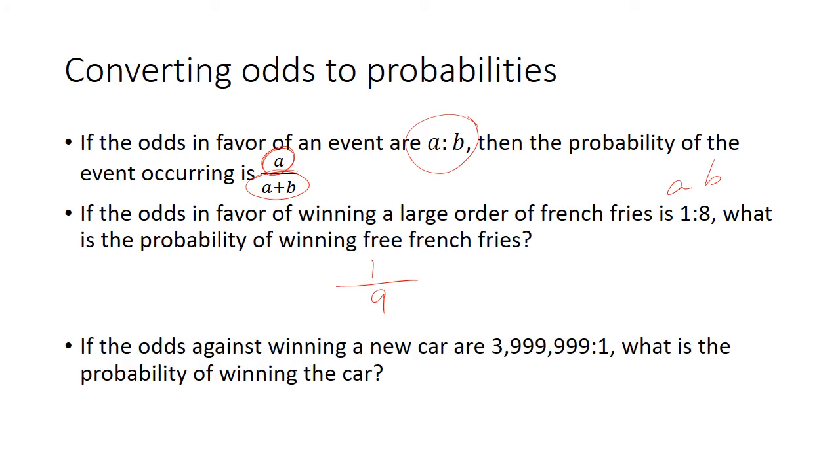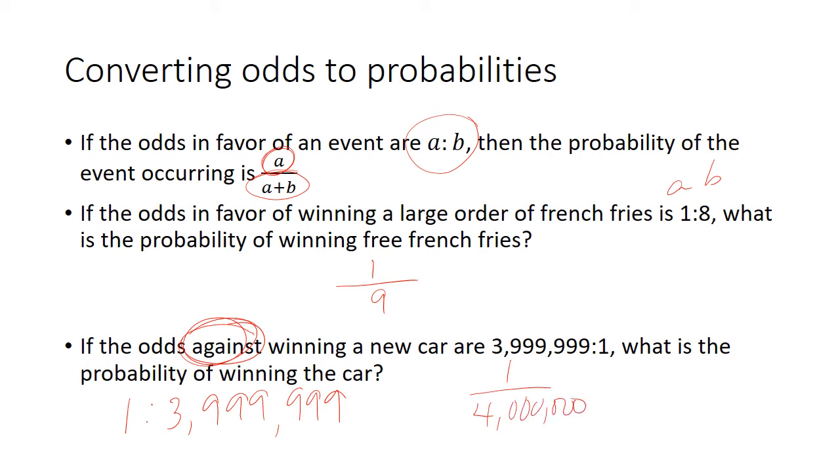So what's the probability of winning a new car if the odds against winning are 3,999,999 to 1? Well, this is against winning. So if we want the winning one, we would need to flip it. Your odds of winning would be this. So let's put that as a probability. That would be 1 in 4 million.